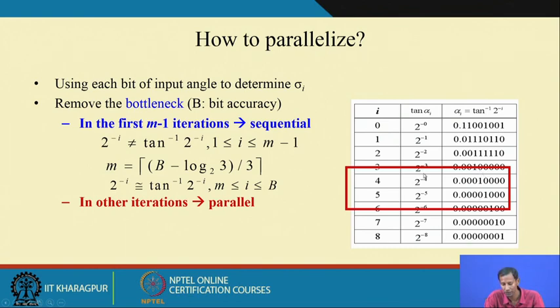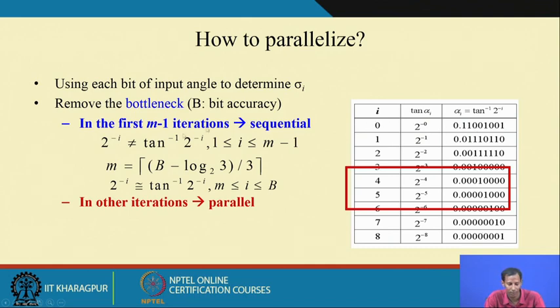But whenever it comes to 2 to the power -3, 2 to the power -4, for the lower values, the number of ones in this bit pattern will be lower. Here it will be mostly dominated by the number of zeros.